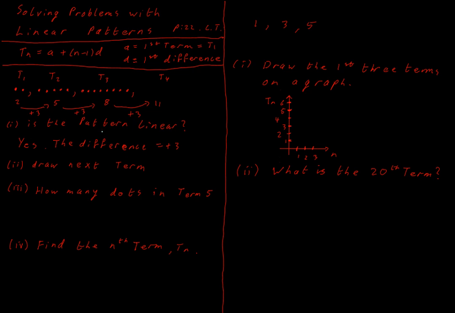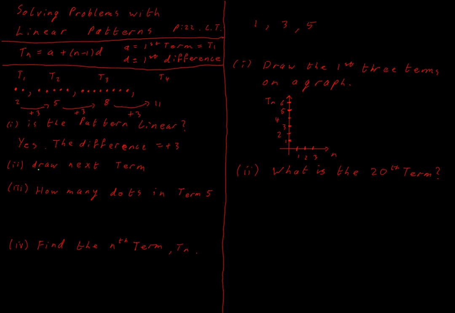So the difference between each of our terms is just plus 3 every time. So that is the definition of a linear pattern, where we change by the same amount each time. This is effectively our slope. So our plus 3 here is the slope of our line for a linear pattern.